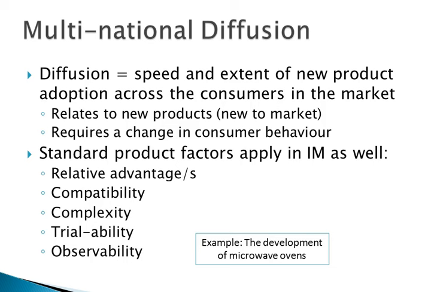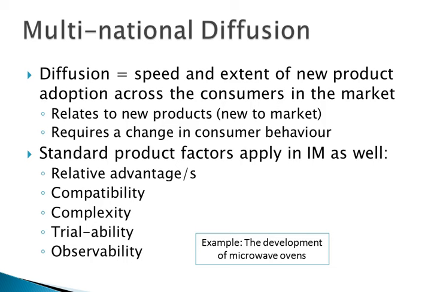Okay, when we talk about new products or entering a new market, one of the big challenges is diffusion, which is the speed of product adoption. Basically, there are various, pretty standard product factors listed at the bottom, which are in most marketing textbooks. I've got the example there of microwave ovens.